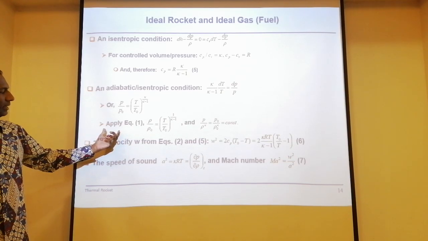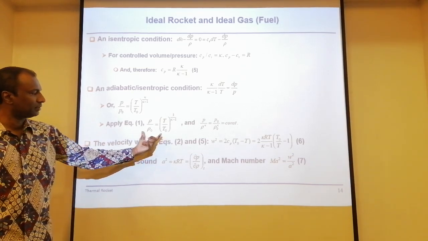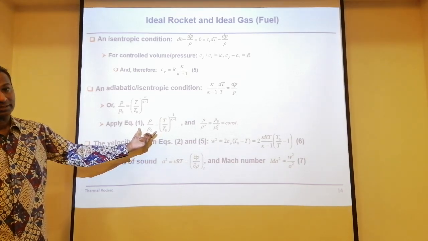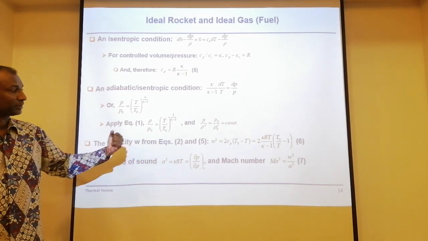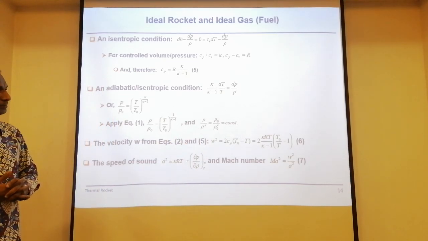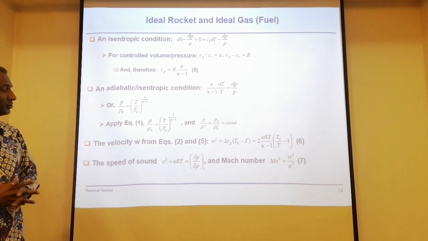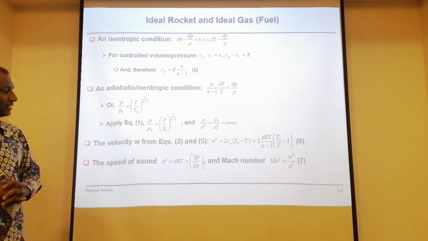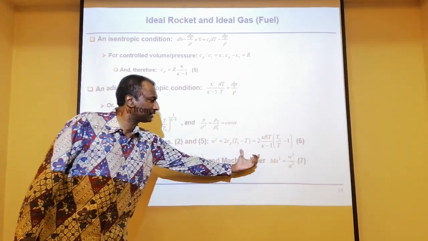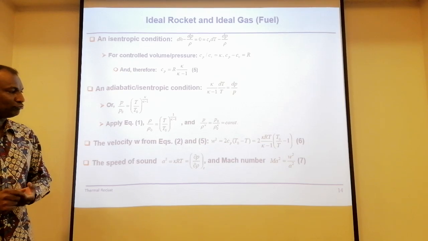Now, applying equation 1, I can have this formulation as well, which is the relation between the exit density and the temperature. Therefore, for those parameters, the exit conditions we hold constant. So the velocity W, from equations 2 to 5, can be rewritten in terms of kappa. Now, if I introduce the speed of sound here, why?